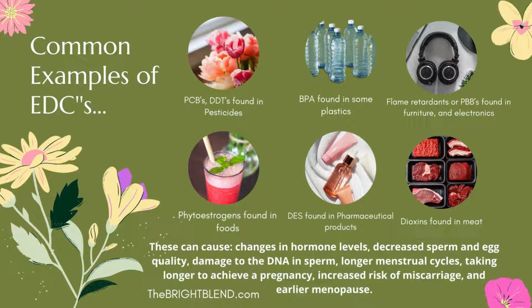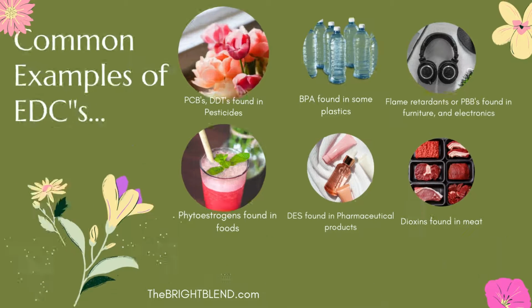These can cause changes in hormone levels, decreased sperm and egg quantity and quality, and damage to the DNA in sperm. Longer menstrual cycles, taking longer to achieve a pregnancy, increased risk of miscarriage, and earlier menopause, all by offsetting the hormonal balance.